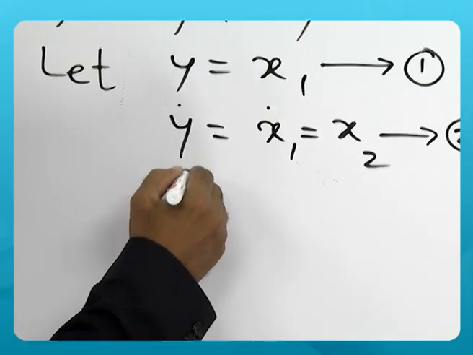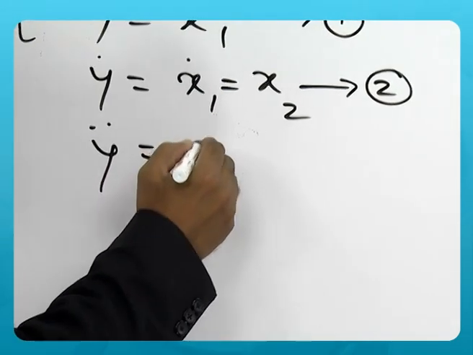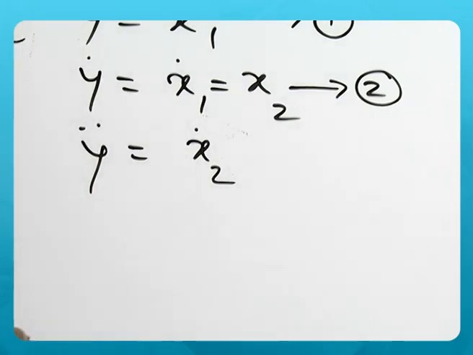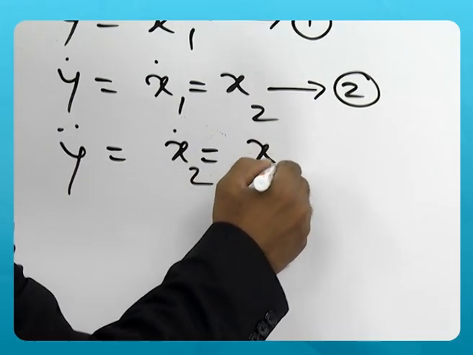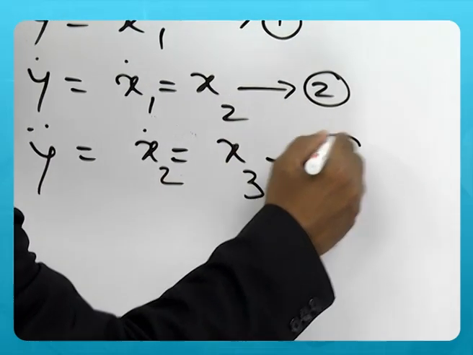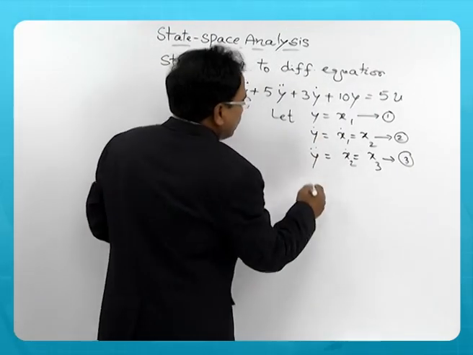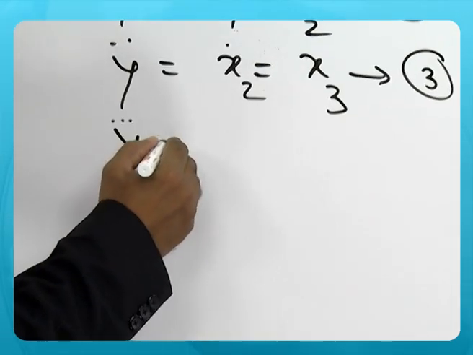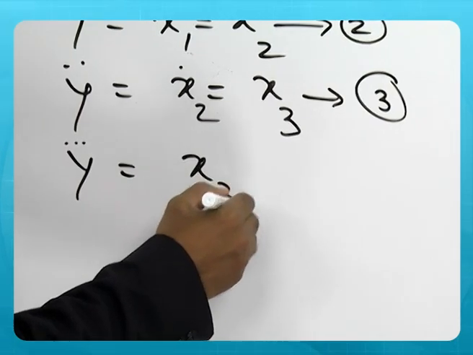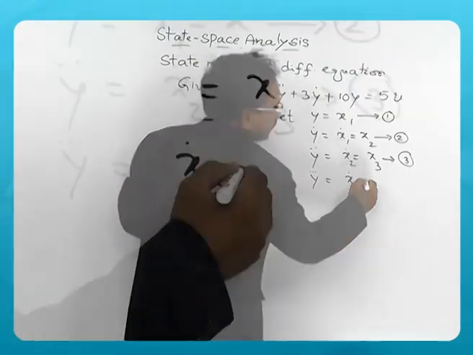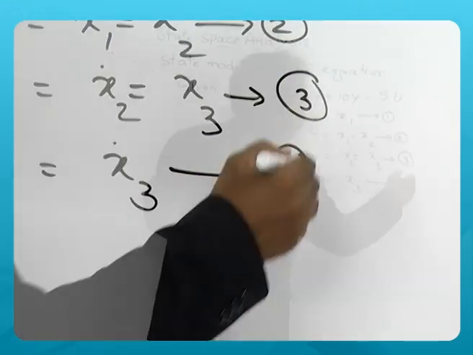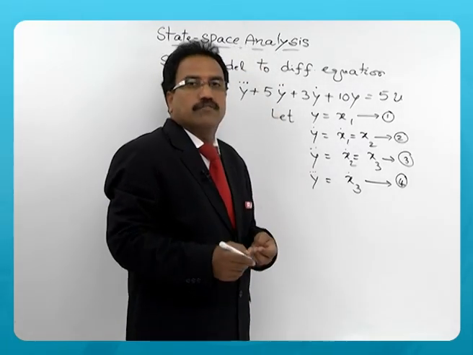Then y double dot is x2 dot, then this is another state variable x3, and y triple dot is equal to x3 dot. Consider this as the fourth equation.